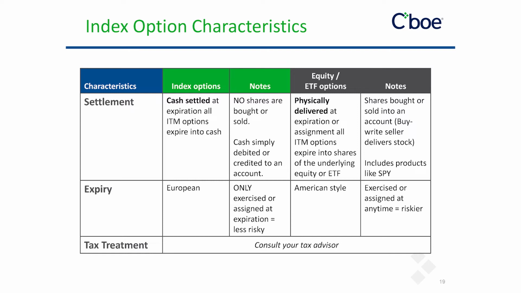Shares of the stock or ETF are bought or sold in an account. In the case of an equity or ETF buy right, the call seller would have their long stock called away so that it can be delivered to the call buyer. By contrast, all index options are cash settled. At expiration, all in-the-money index options expire into cash. No shares are bought or sold. Cash is simply debited or credited to an account based on the value of the index at expiration.